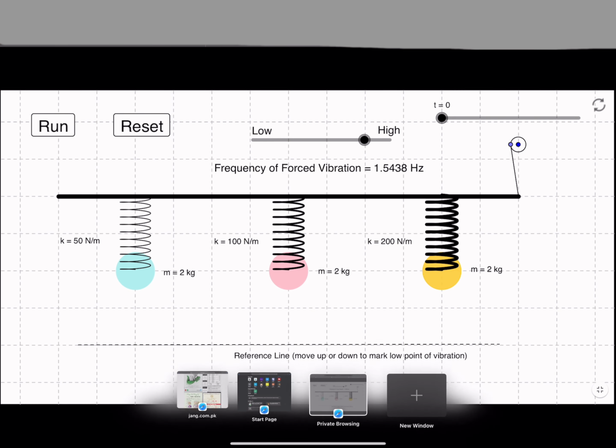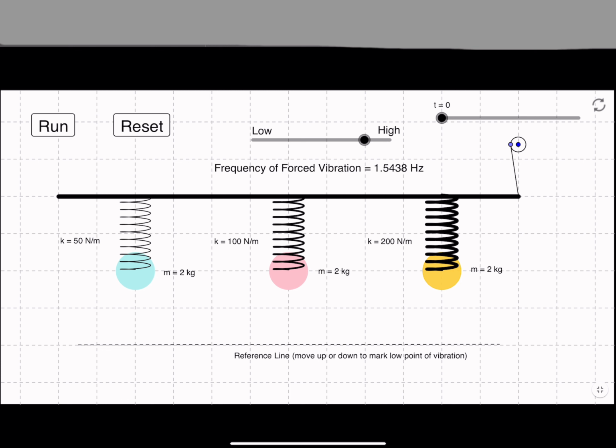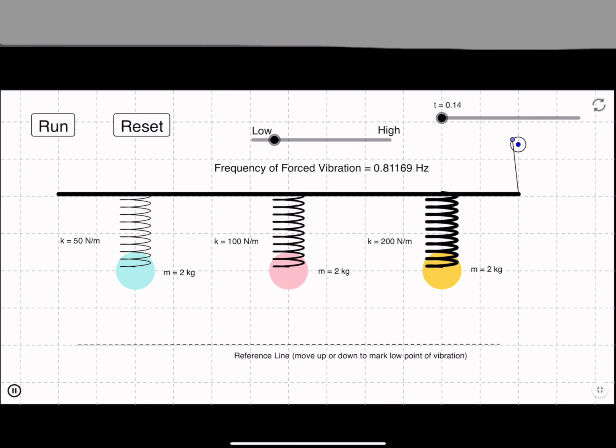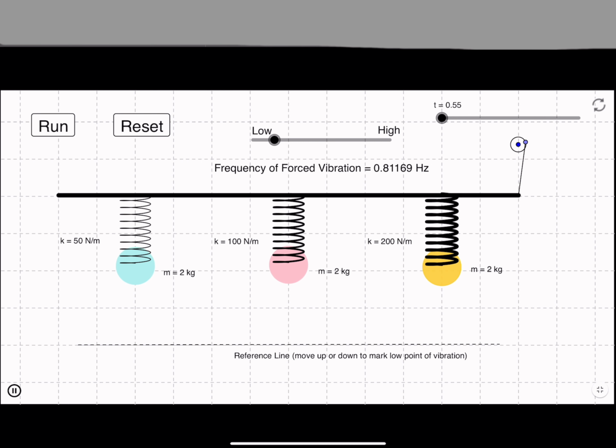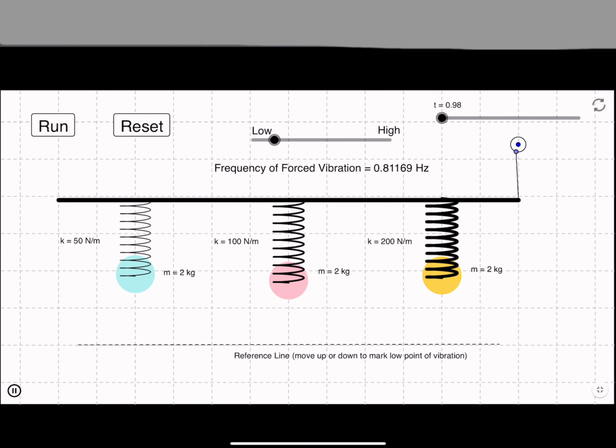Now check the situation of the system here. You can see all these blue, pink and yellow balls are attached to the system, and you can vibrate the system. When you bring the force frequency to 0.8, then what you will observe is very important. Let's see what is happening here.